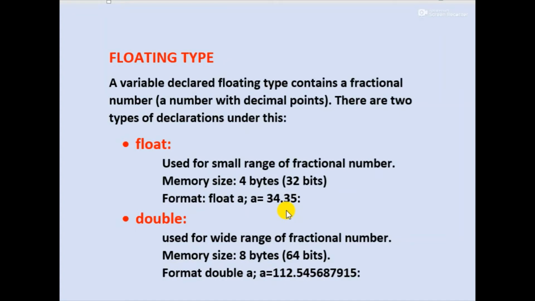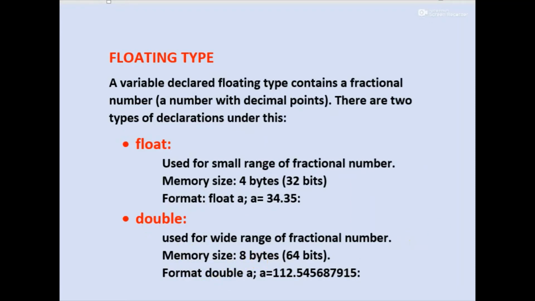The second way of declaring a variable under the floating type is double. Double is used for a wide range of fractional numbers, meaning the variable of double data type can hold a large fractional number. Here we can see the memory size of double data type is 8 bytes.